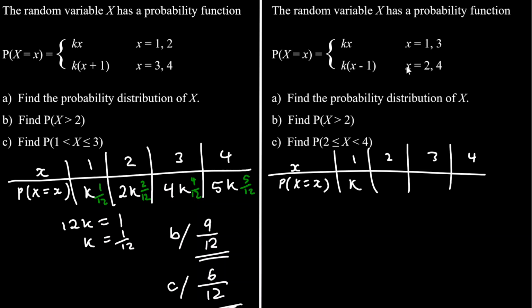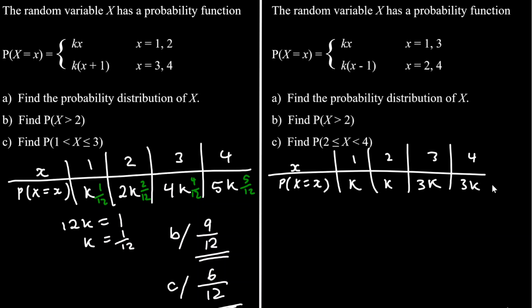For 2, it's k times x minus 1, which is again k times 1, so k. For 3, it's k times x, so 3k. And for 4, k times x minus 1, so 3k again.